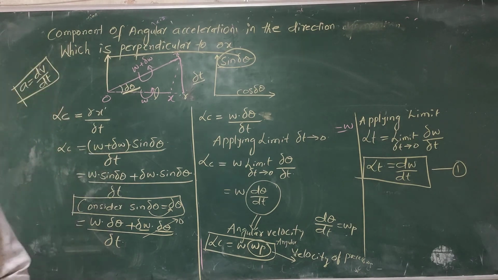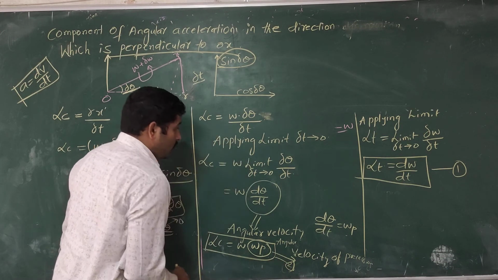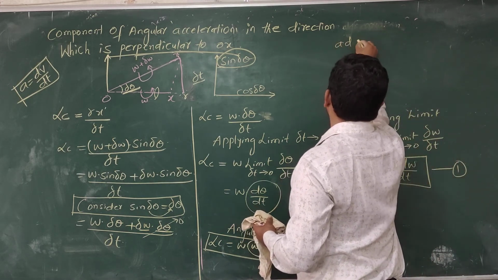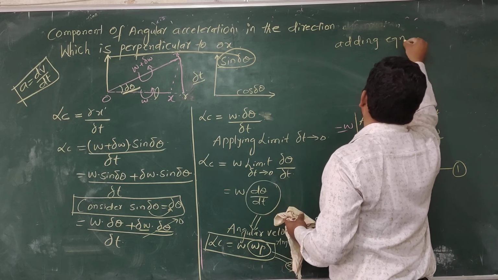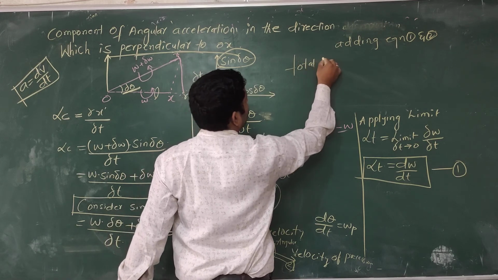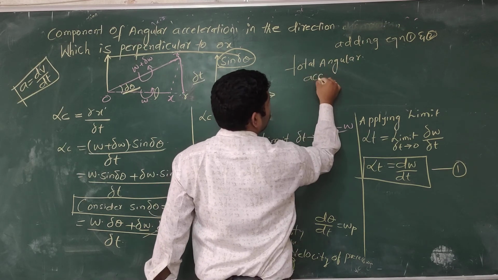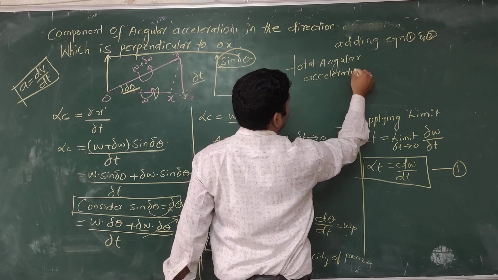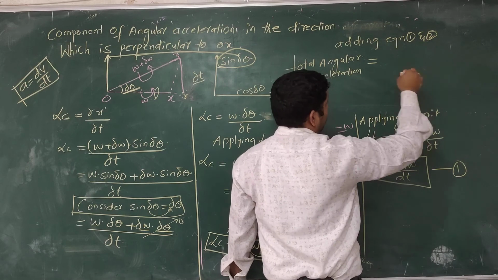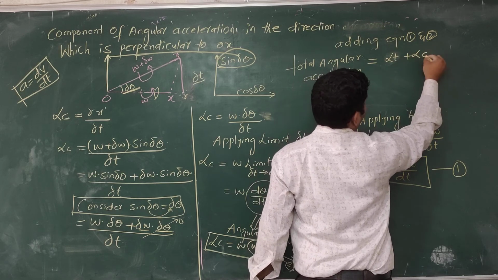After that, again we need to find this one. This equation is considered as equation number 2. Here, again adding equations 1 and 2, what can we say? Total angular acceleration equals the angular acceleration in the OX direction, or the parallel direction, plus alpha c. So alpha t plus alpha c.